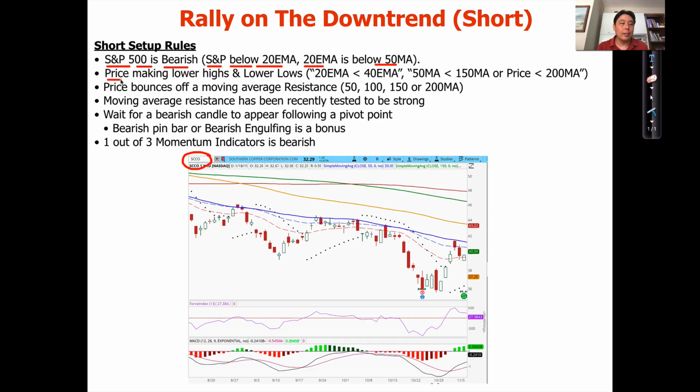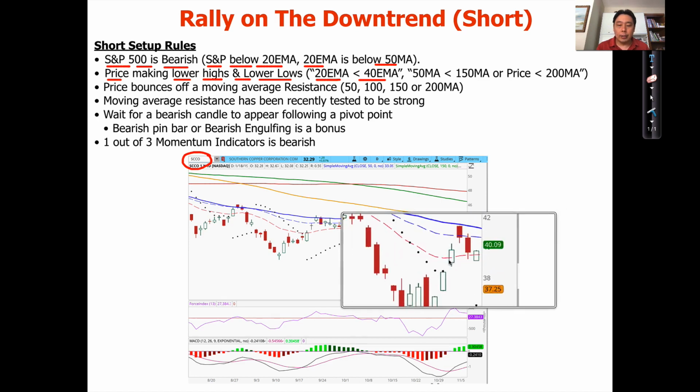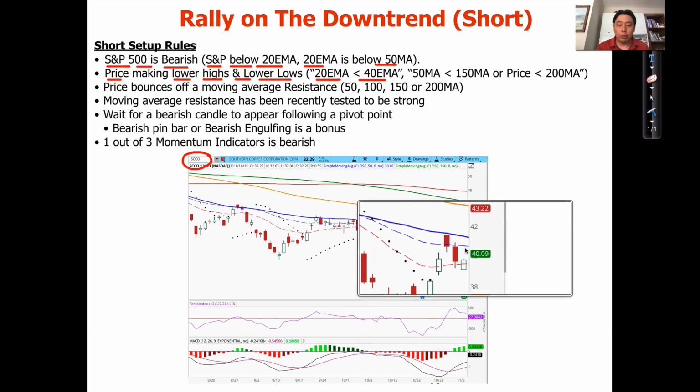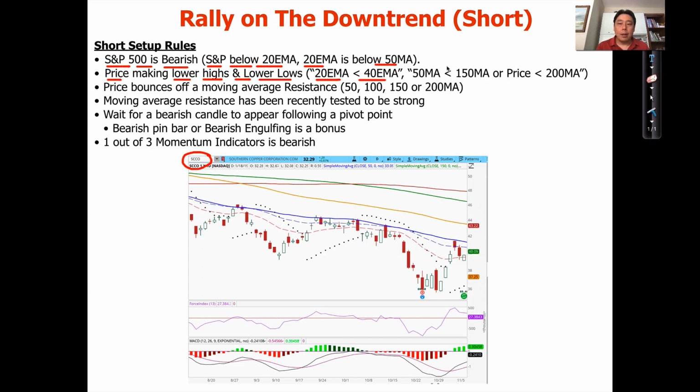So price making lower highs and lower lows with moving averages in the downtrend sequence. We want to see the 20 EMA below the 40 EMA. You can see over here, the red dotted line is the 20 EMA below the 40 EMA, and the 50 MA below the 150 MA.